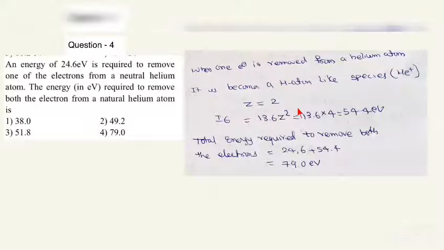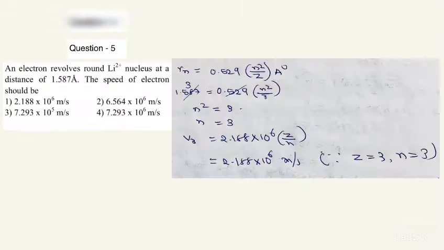In this case, the ionization enthalpy is equal to 13.6 Z² = 54.4 electron volts. To remove the first electron we require 24.6 electron volts, the second electron 54.4 electron volts, and the total will be 79 electron volts. So here also option 4 will be the answer.